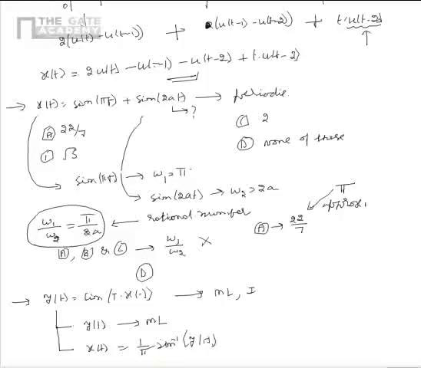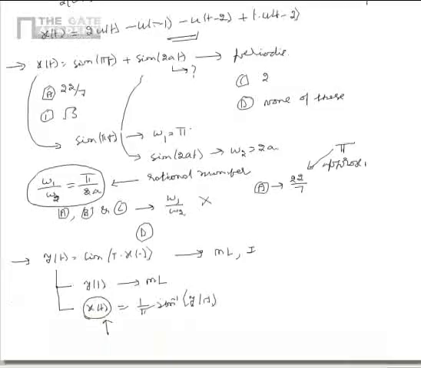From this, we see that we may not be able to exactly recover x of t from the obtained y of t, because sine of pi into x of t will have a sine waveform as shown.